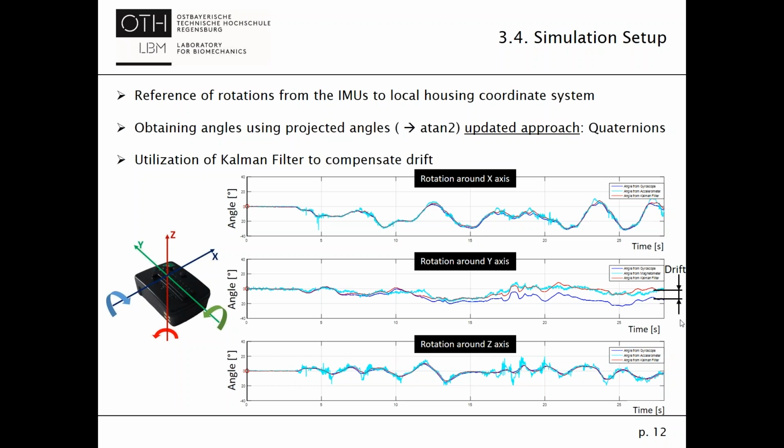The drift is the reason why we compute 3 rotations out of the acceleration and magnetic field data via projected angles. And for the computation of the angles, we use the ATAN2. 2 angles can be computed out of the first measurement device, and then the last angle is computed by using the second measurement device.